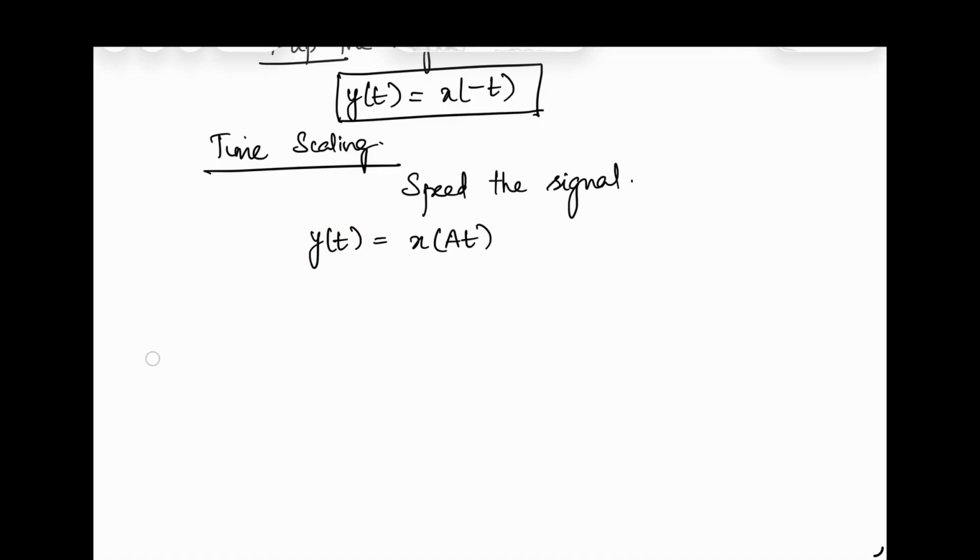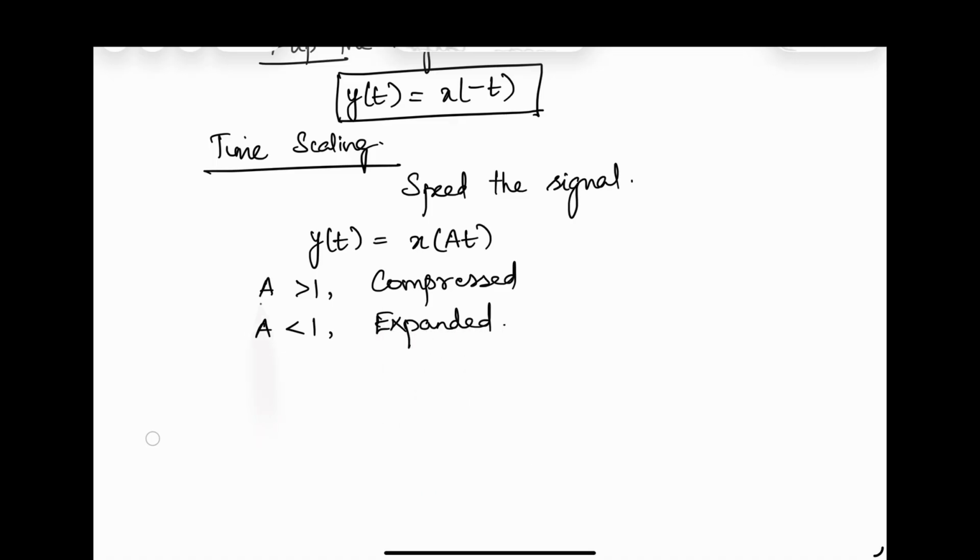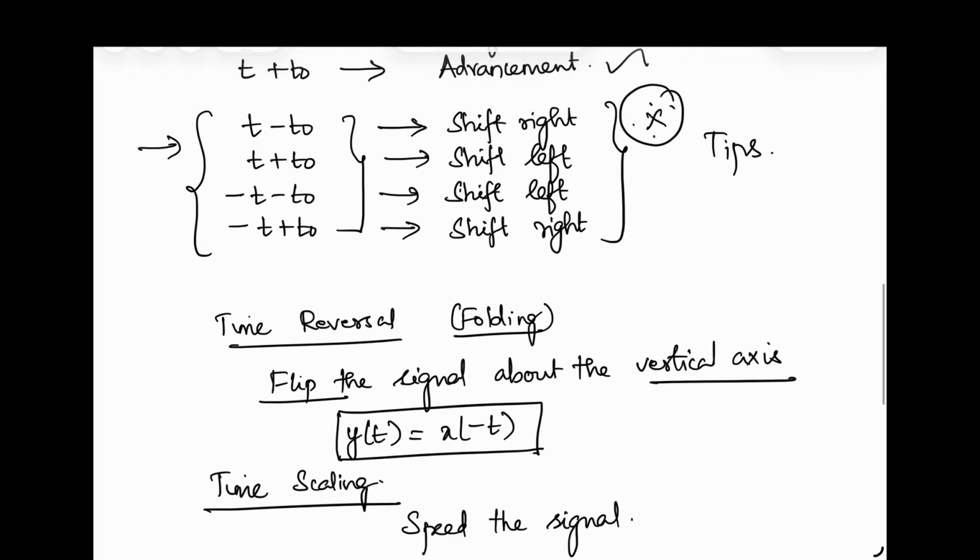In this case, if a is greater than 1, the signal gets compressed, and if a is less than 1, the signal gets expanded. Just the reverse condition, keep in mind, a is greater than 1, the signal gets compressed. But in case of amplitude scaling, what did we see?